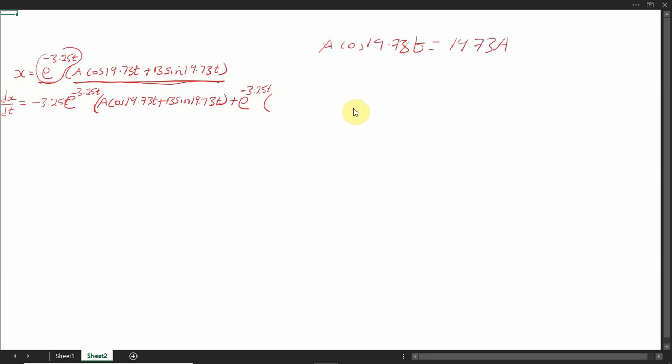Then if you differentiate cos, you get negative sine 19.73t. So this becomes negative 19.73 a sine 19.73t.